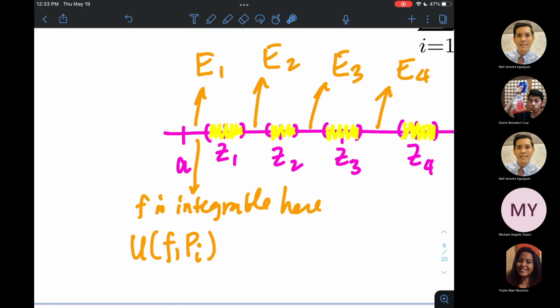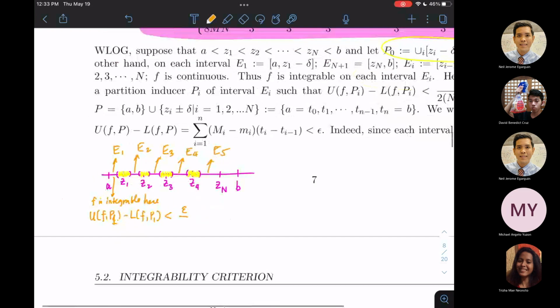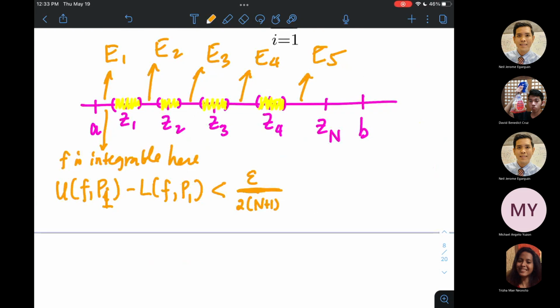So dahil ulit, si F ay continuous sa interval E sub 1, by the integrability criterion, meron akong partition inducer P sub 1 ni E sub 1 that I can make the upper Riemann sum minus the lower Riemann sum arbitrarily close to each other and say this is less than epsilon over 2 times n plus 1. Kasi nga pwede akong pumili ng kahit anong multiple ni epsilon na magiging upper bound noon.